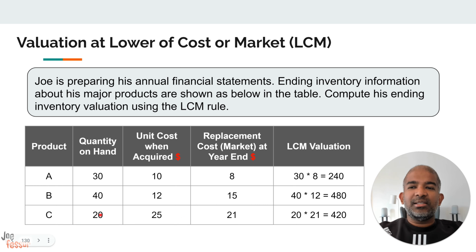So you have to change the ending inventory valuation from 25 times 20, which is 500, to 20 times 21, which is 420. So the new valuation is lower by $80. The journal entry would be debiting cost of goods sold by $80 and crediting inventory by $80 for product C. So for products A and C, the inventory valuation should be updated, but for product B, you don't have to make any changes.